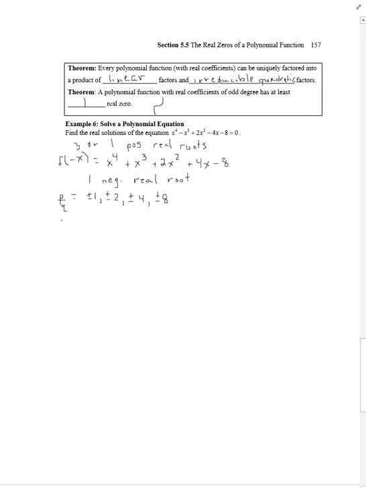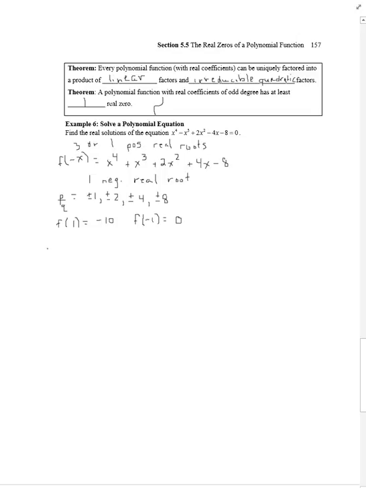So now let's start testing. Let's see. F of 1, if we plug 1 in for x in the original equation, not in f of negative x, but f of x, we get negative 10. Okay, so positive 1 is not a root. What about negative 1? F of negative 1 gives us 0.